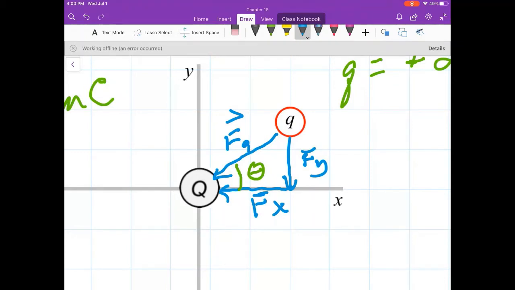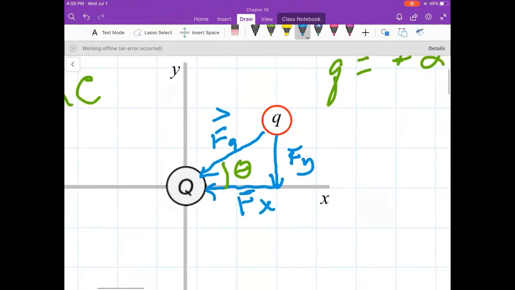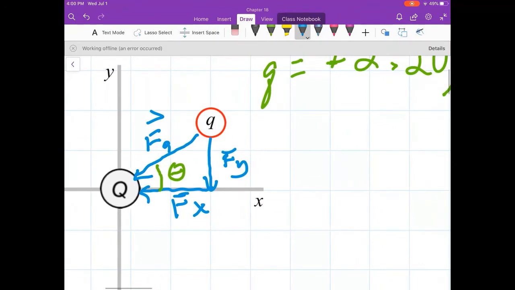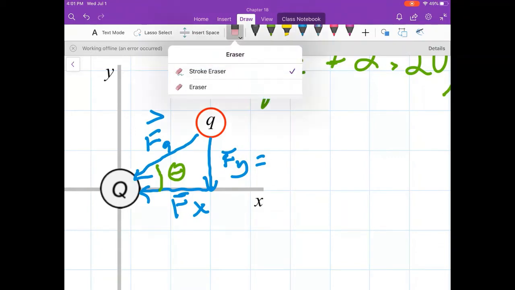There'll be an opposite force acting on the capital Q. They're the two components, Fx, Fy. The trigonometry is such that Fy, the side opposite to the hypotenuse, this force F sub q, let me write that bigger.